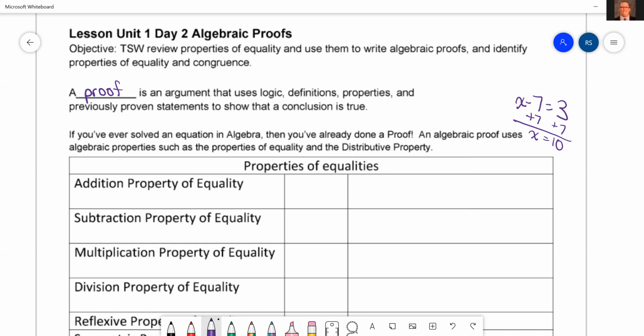The proof is actually saying why, if this is given to us, why is this step true?